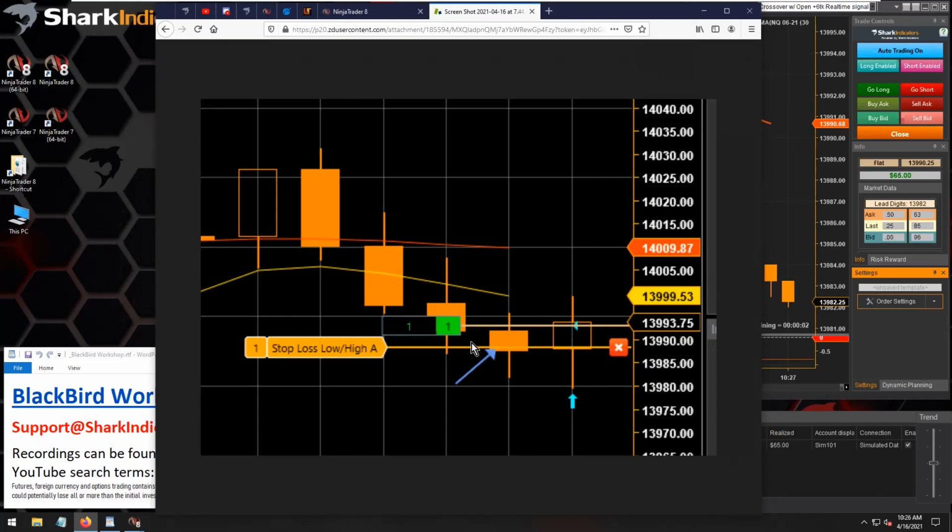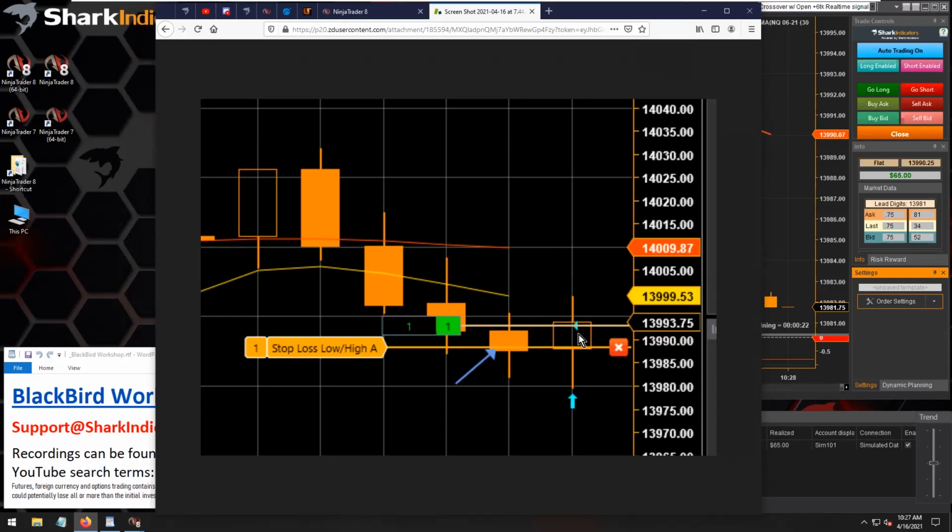Just thinking through all the different scenarios here, this is a screenshot of a long trade. And of course, this long trade could have occurred on a down bar, or in this case, we can see that this long trade occurred on an up bar.